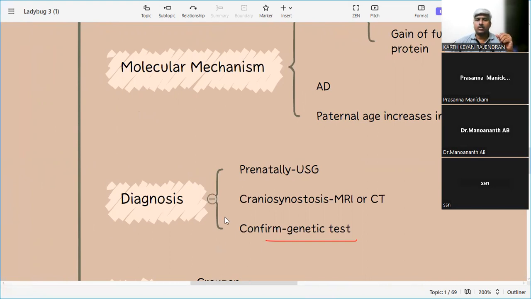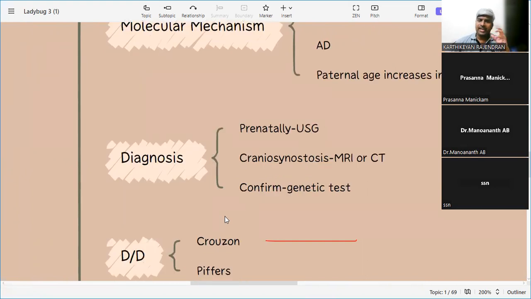Coming to the diagnosis, we can diagnose this condition prenatally with USG for anomalies. For cranial stenosis features, we take MRI or CT. MRI is better for children, but children are non-cooperative for long hours of MRI, so we go for CT and we will know the status of the bone.